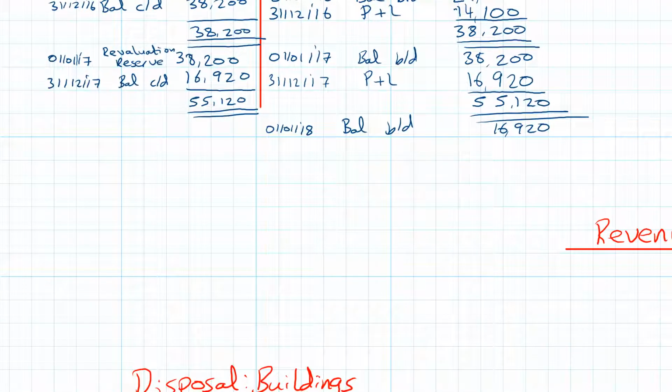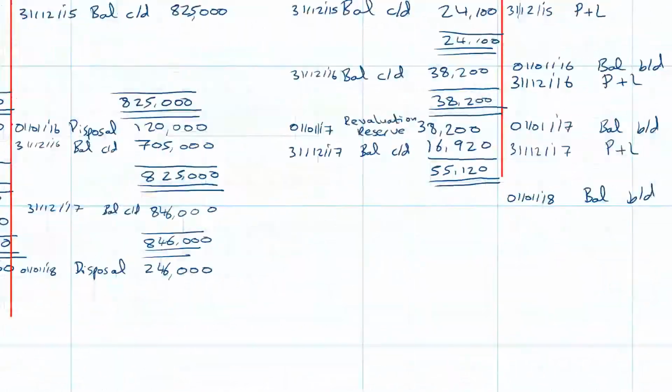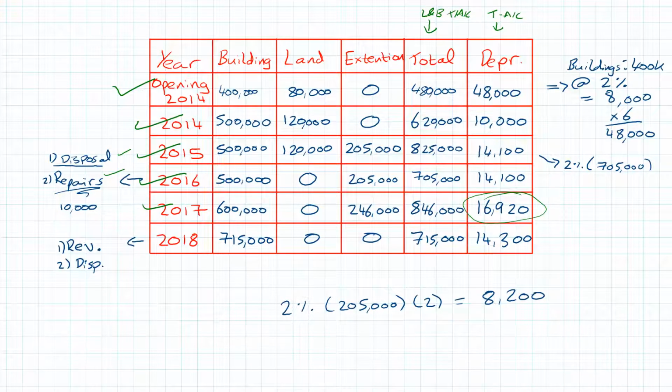So essentially, if I'm getting rid of the extension, part of this 16,920 is in relation to the extension. So it's 246,000 at 2%. So it's 4,920.